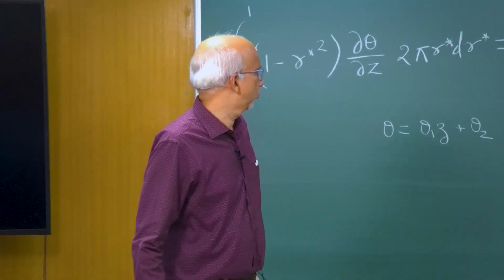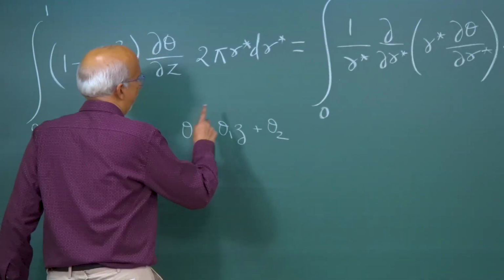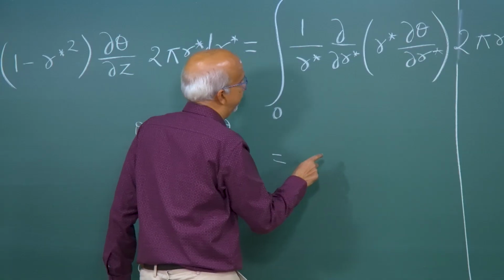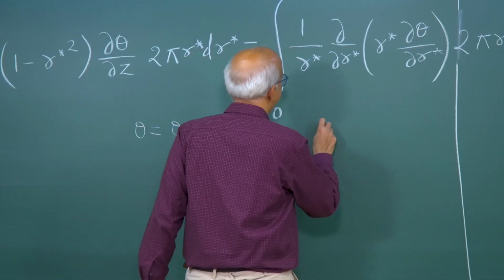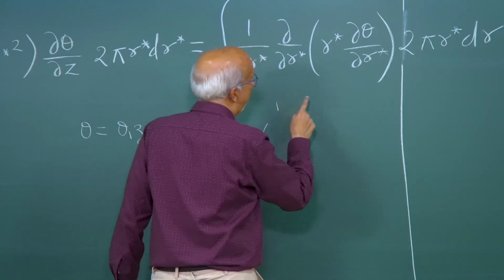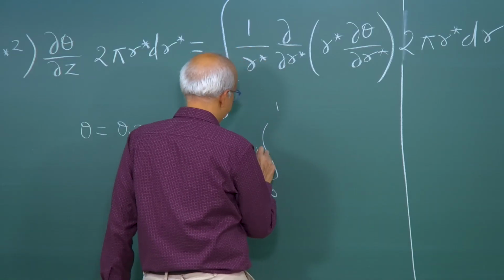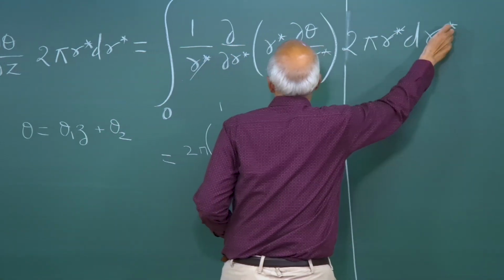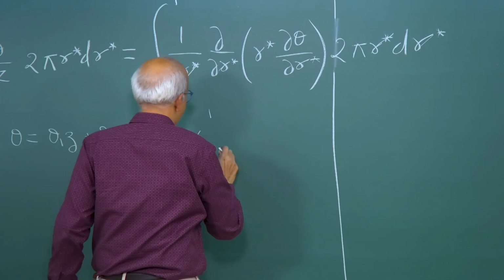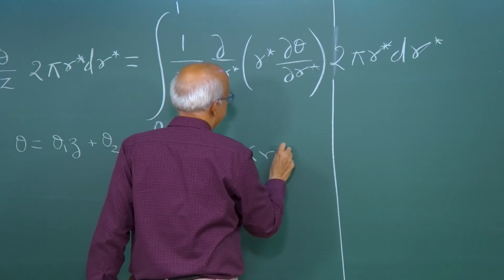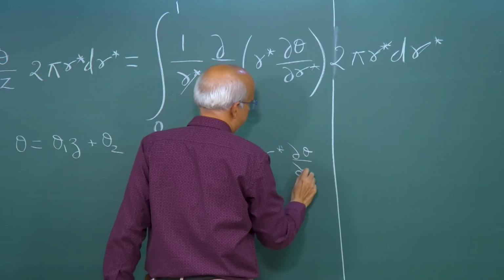So basically what I want to do is integrate this thing on the left hand side, and you will get this, 0 to 1, 2 pi comes here, this r star cancels with this r star, this dr star goes away, and this is d of r star d theta by dr star.